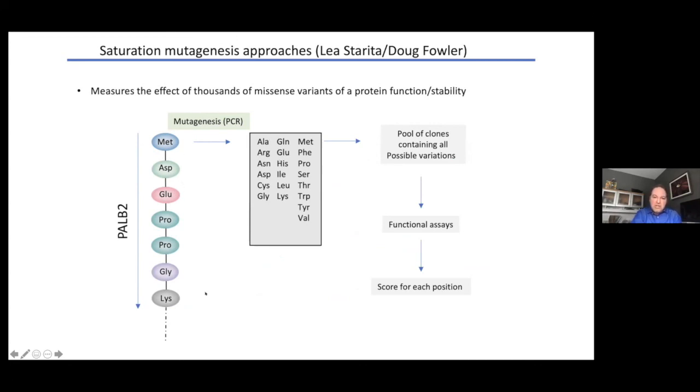With this, you create a pool of clones containing all possible variations. Then you can test by functional assays whether the variants are sensitive to a particular drug, for instance, PARP inhibition. There are many advantages to this. First, all the information is self-contained. You also have all the information in one experiment, which is quite interesting.